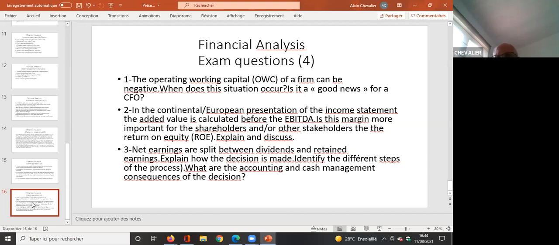And the second part of the question is: is it good news for a CFO? I will say it's not only good news, it's a dream.